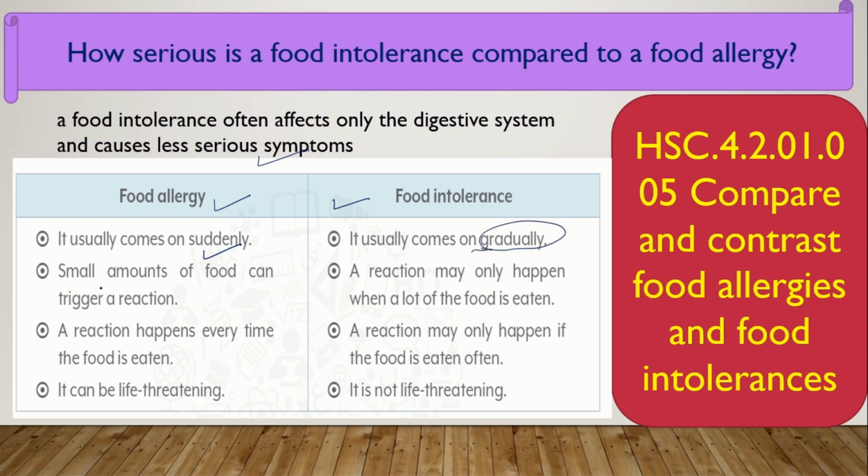Food allergy: a small amount of food can trigger a reaction. Food intolerance: a reaction may only happen when a lot of the food is eaten. Food allergy: a reaction happens every time the food is eaten. Food intolerance: a reaction may only happen if the food is eaten often. Food allergy: it can be life-threatening. Food intolerance: it is not life-threatening. Okay.